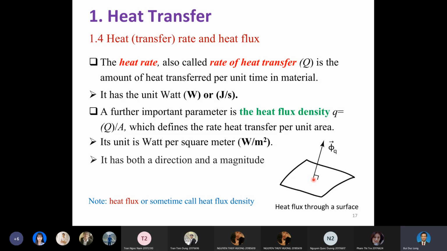Density means something divided by volume or surface area, but in this case, for heat transfer, we consider how much heat is transferred per unit area. So heat flux, or sometimes heat flux density. As you know, density, right?